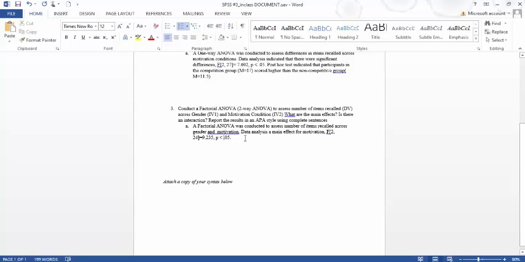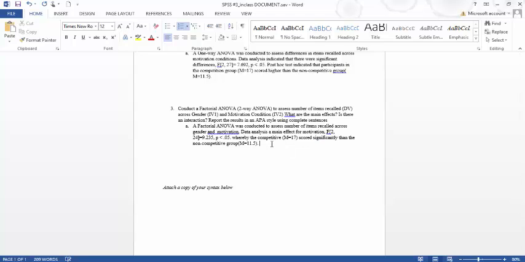So data analysis indicates a main effect for motivation, whereby the competitive group, mean of 17, scored significantly higher than the non-competitive group, with a mean of 11.5. Just to make sure, yep, 17.